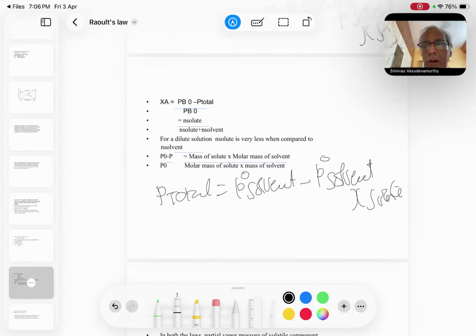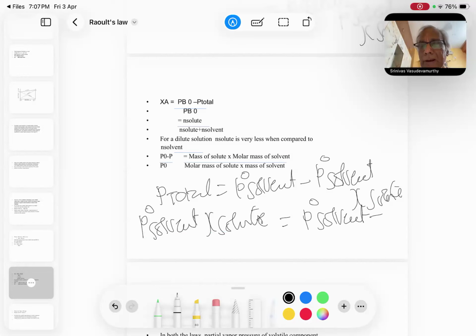Or I'm taking it to the other side, rearranging the equation: P naught solvent into mole fraction of solute is equal to P naught solvent minus P total here.